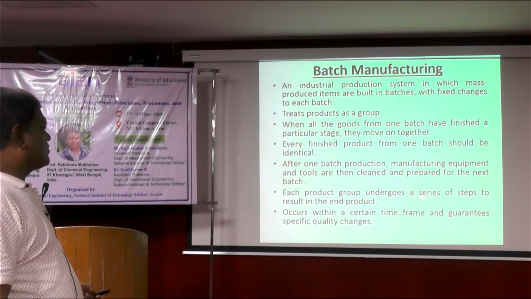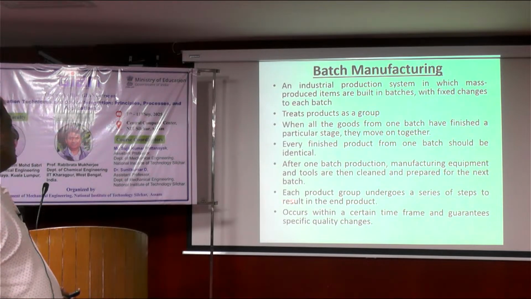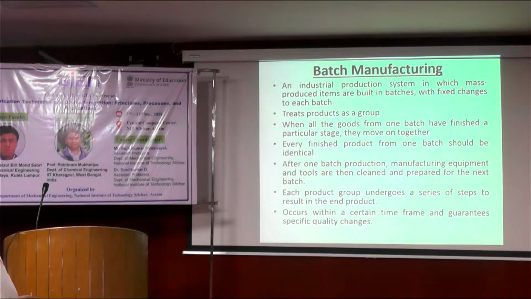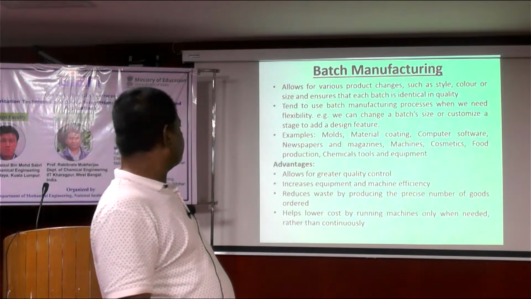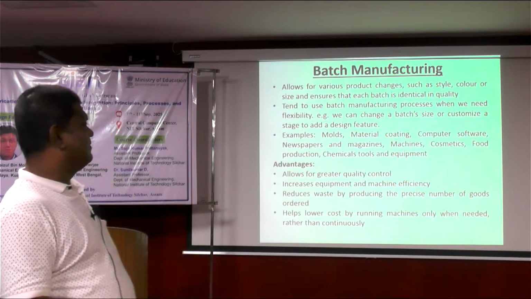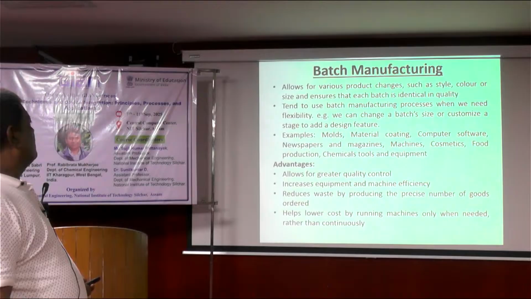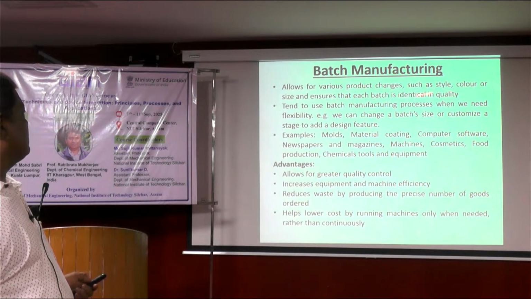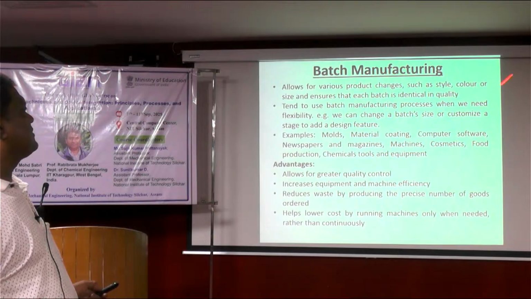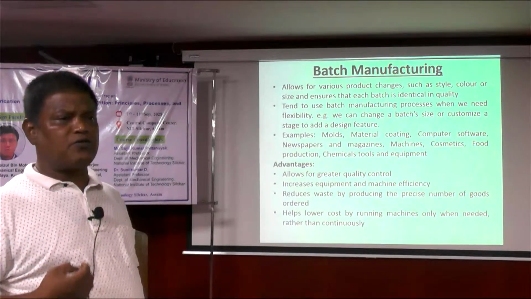Each product group undergoes a series of steps to result in the end product. It occurs within a certain time frame and guarantees specified quality. It allows for various product changes such as style, color, size, like in a t-shirt manufacturing company.